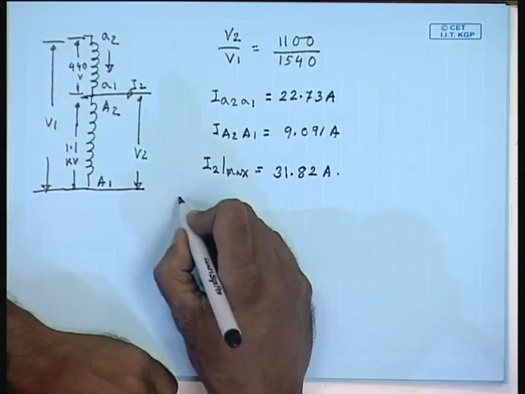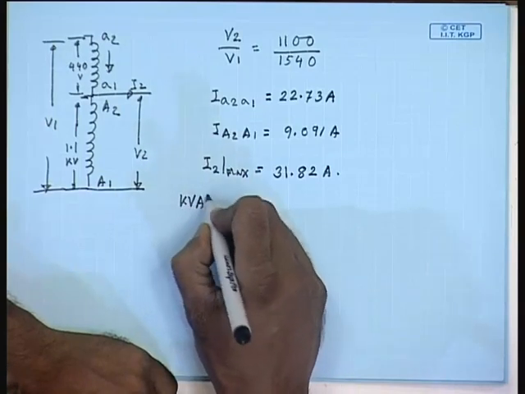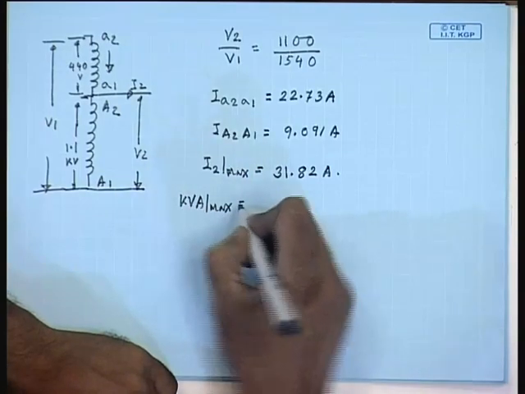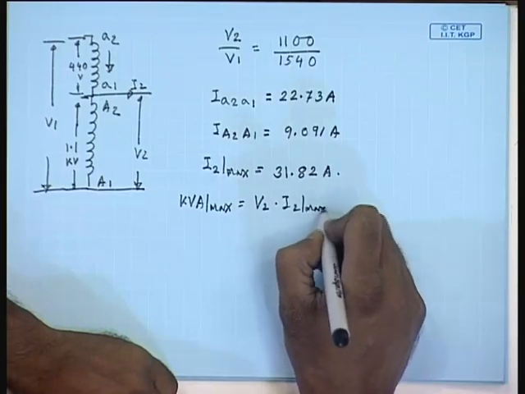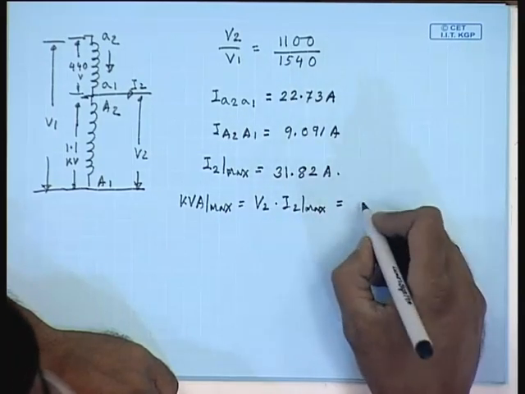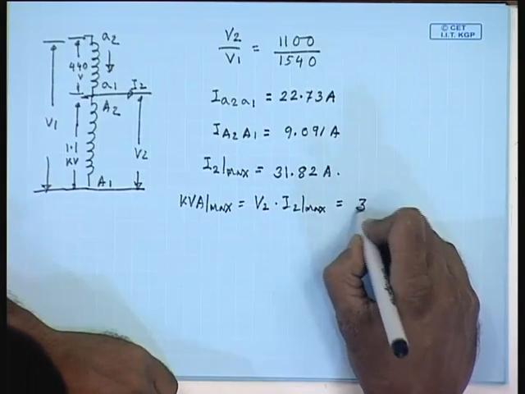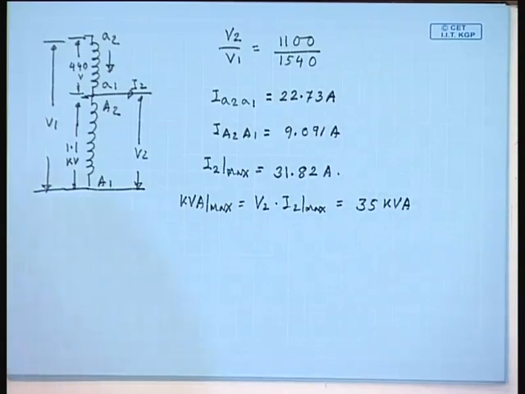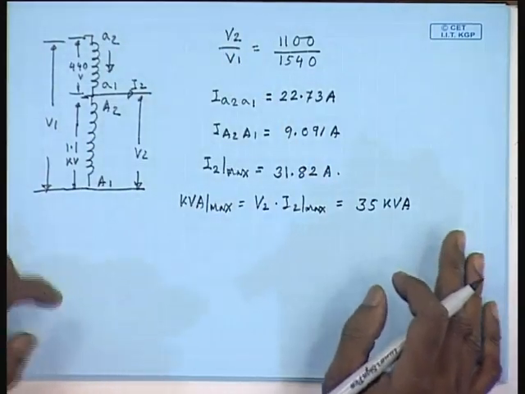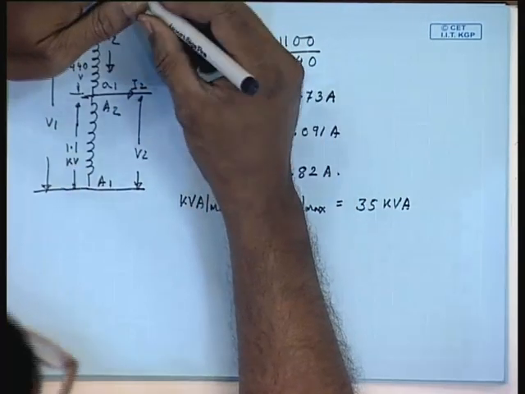Now, the maximum kVA, that is V2 into I2 max, comes to about 35 kVA. So, a 10 kVA two winding transformer can supply 35 kVA when connected as the auto transformer.